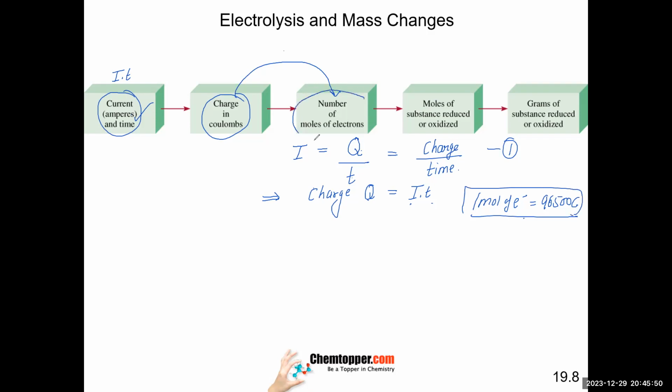Once I know the number of moles of electrons, I can easily get the number of moles of the substance, the one which is gaining or losing, how many moles. Once I know the moles of the substance, I can get the grams of the substance. So let's do one question based on it.